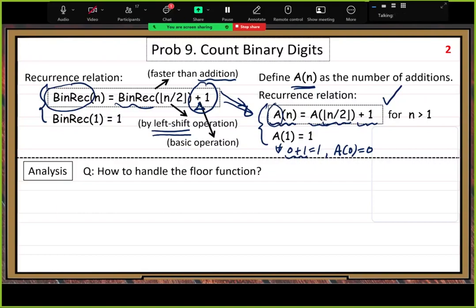Sometimes you need to round it down, and sometimes you do not. When n is an even number, you do not need to round down. But when n is an odd number, you need to round it down, because you truncate the fractional part.